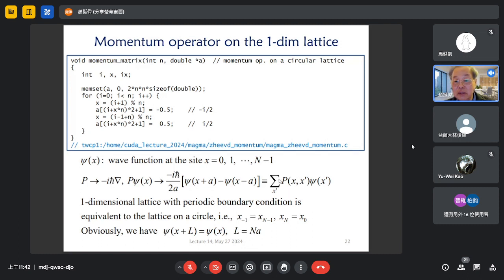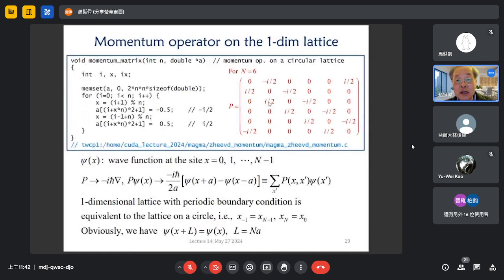This defines the momentum operator, the momentum matrix on a one-dimensional lattice. If I impose the periodic boundary condition, then I have this, and I can construct the momentum matrix as this.